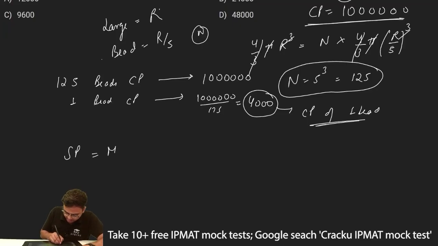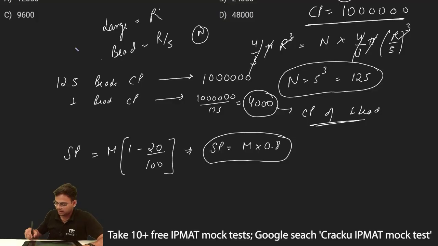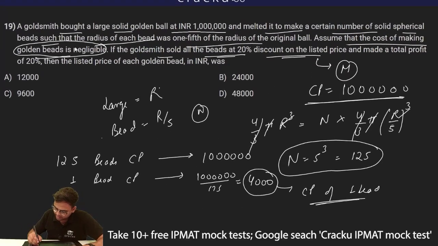Listed price M into discount. The discount is always given on the listed price. So 1 minus 20 by 100. Thus I can say selling price is marked price, which is listed price into 0.8. This is my selling price at 20% discount and made a total profit of 20%.